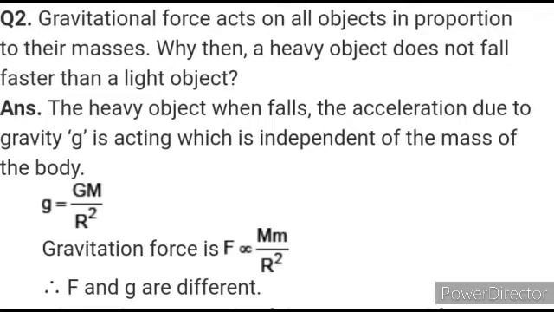So that is why the heavy or the light object, they all fall at the same time. It's not that the heavy object falls faster and the light object falls slower. Because acceleration due to gravity is independent of the mass of the body.